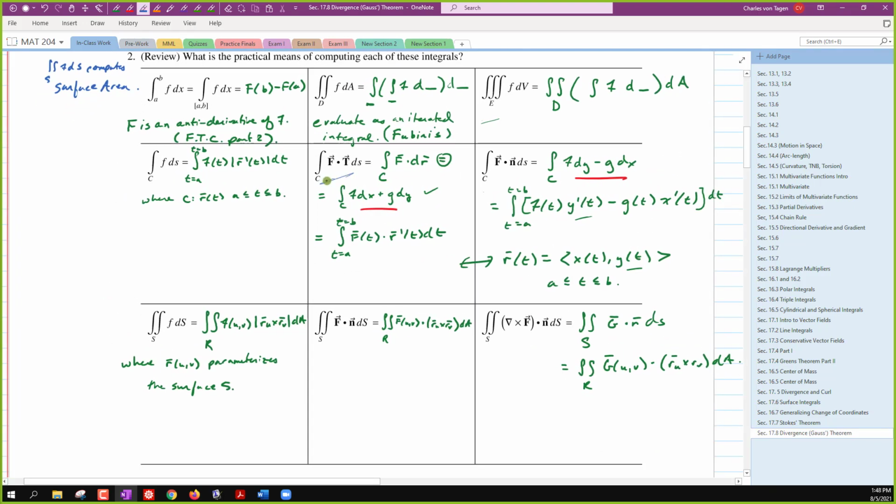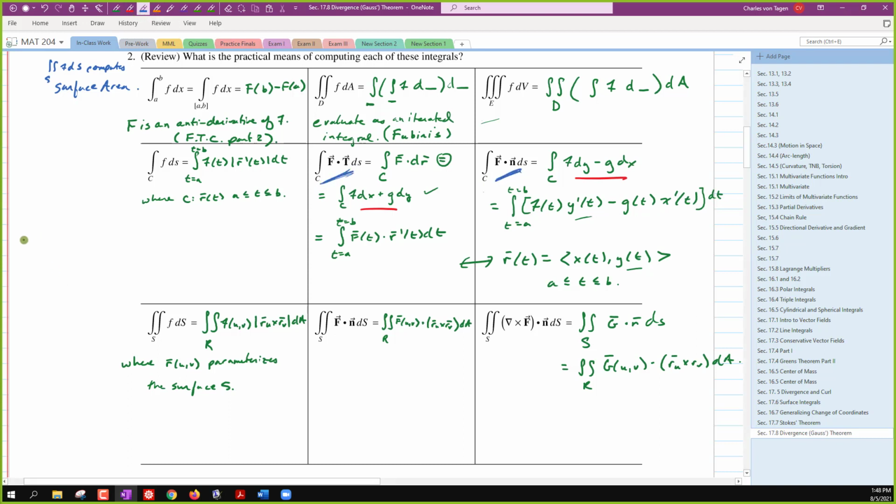Green's theorem gives us a handy way of converting these into double integrals, which is a surprising way, I think, to tackle the problem.